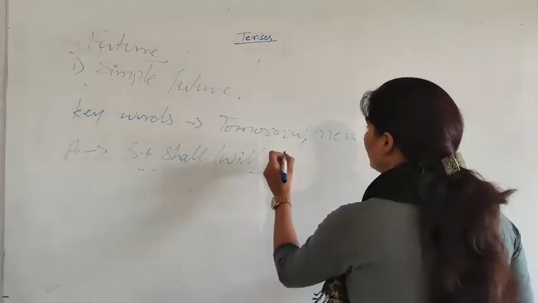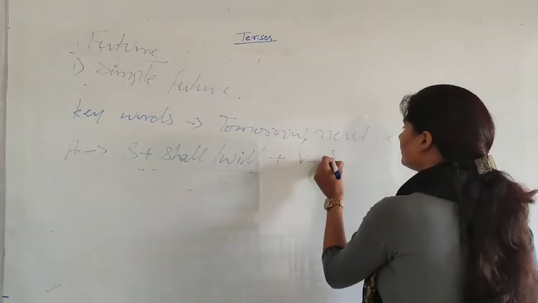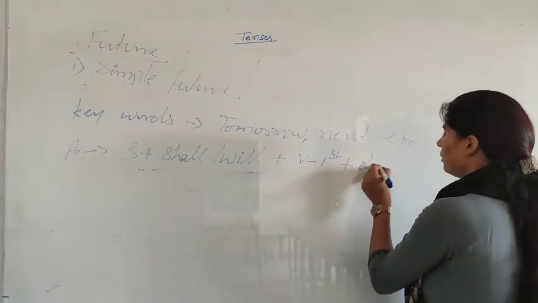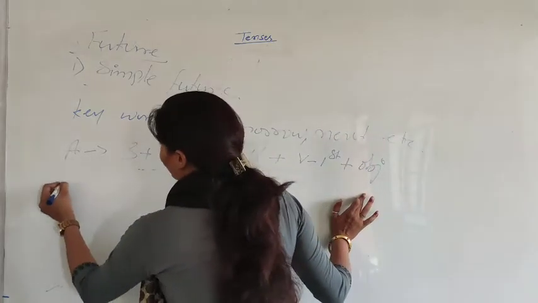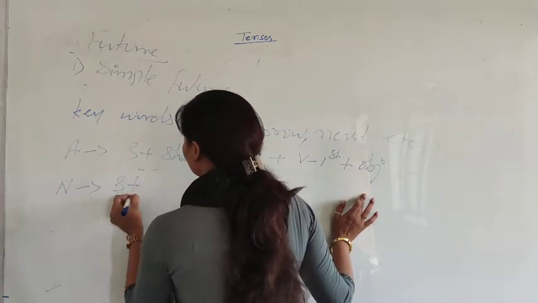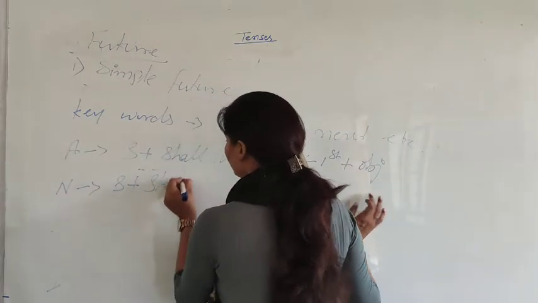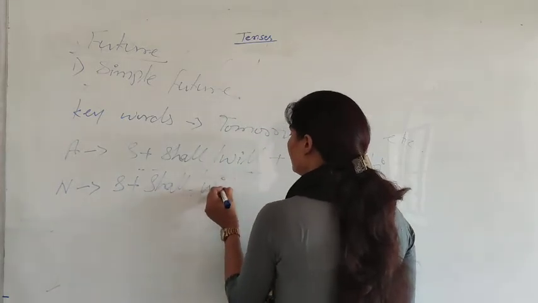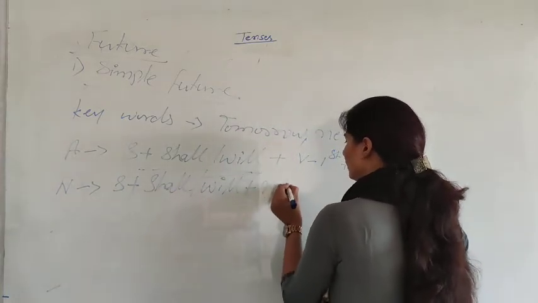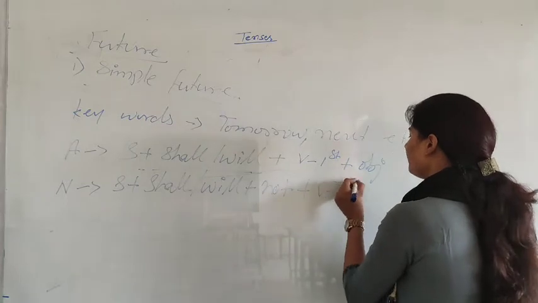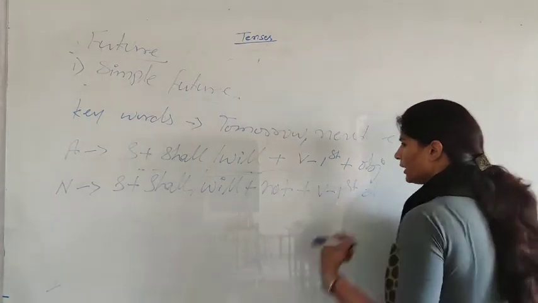Subject plus shall/will plus verb first form plus object. Now negative: all you have to do is put the not after the helping verb. Shall/will plus not plus verb first form plus object.